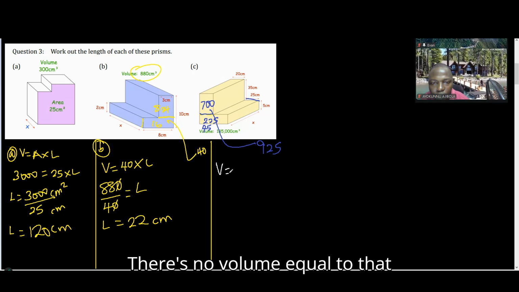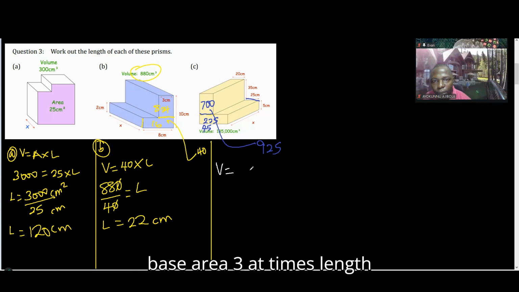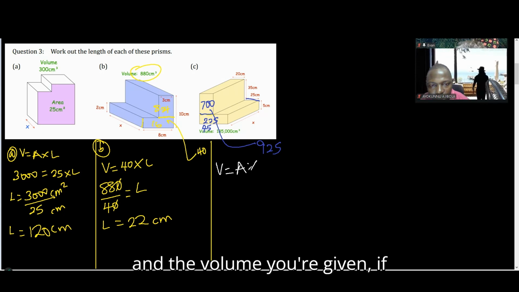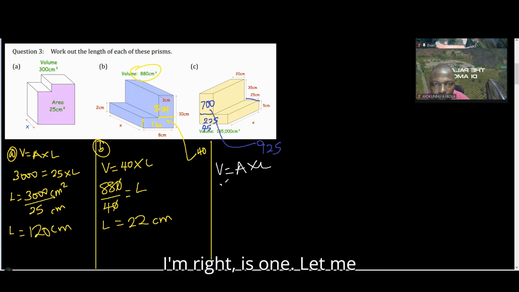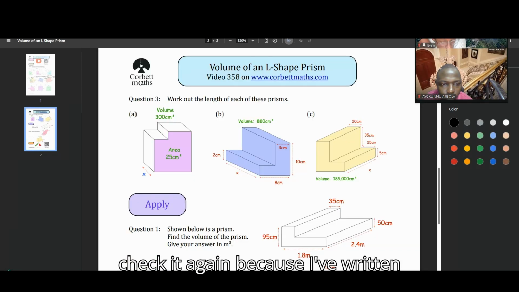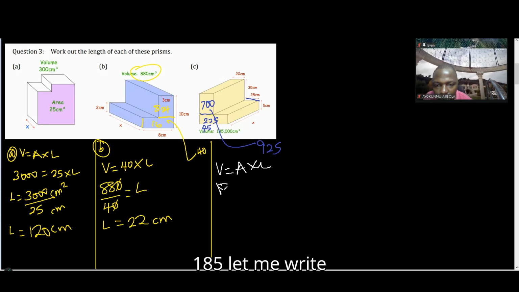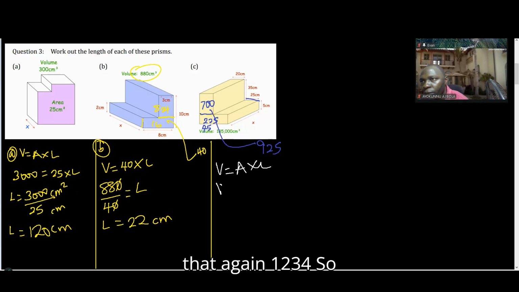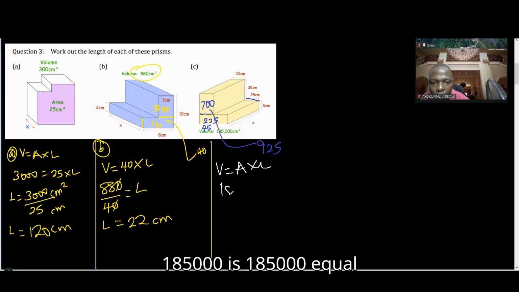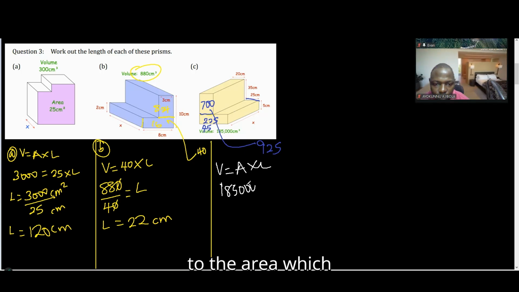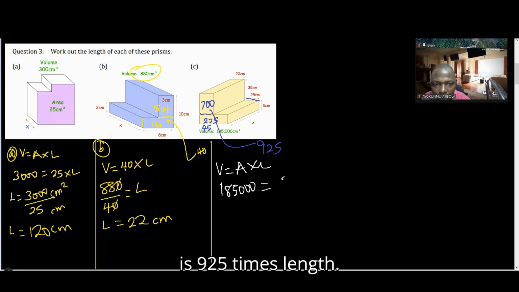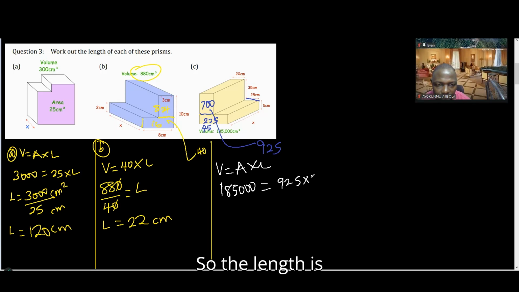So volume equals that base area times length. And the volume you're given, if I'm right, is 1. Let me check it again because I've written on there. 185000. Let me write that again. 1, 2, 3, 4. So 185,000 equals the area, which is 925, times length.